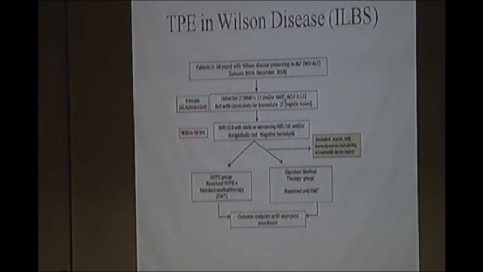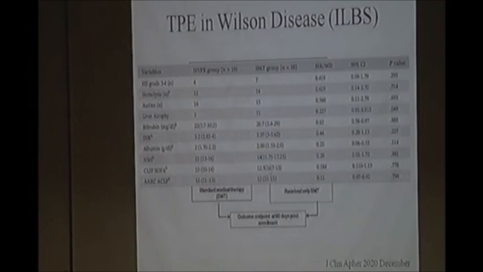We started using the ARC score after it came, so now we use the ARC score. So, listed for liver transplantation based on ARC score or NWI, with criteria for immediate LT: INR more than 2.5 with static or worsening INR, and HE. Again, they were given an option, HVP versus SMT, a non-randomized trial. HVP group 19 patients, SMT group 18 patients.